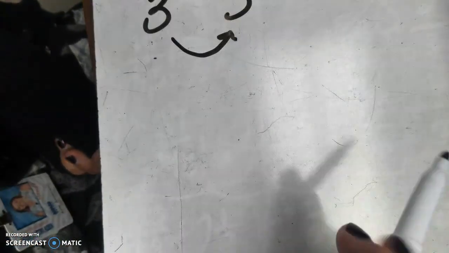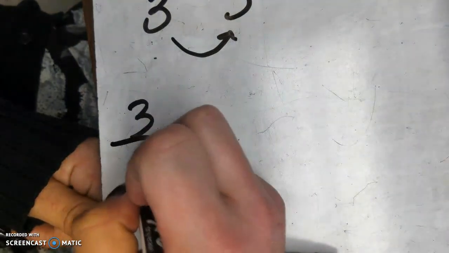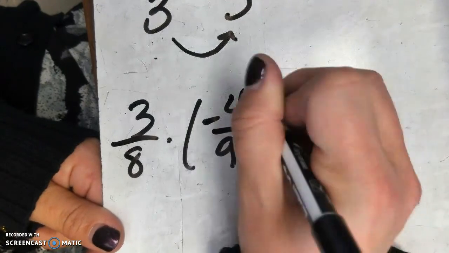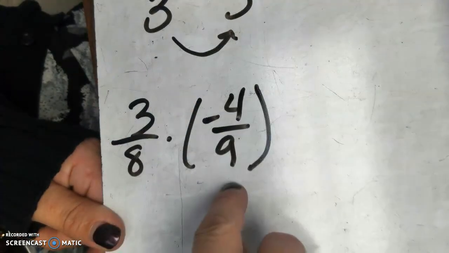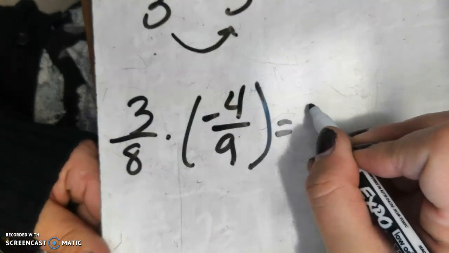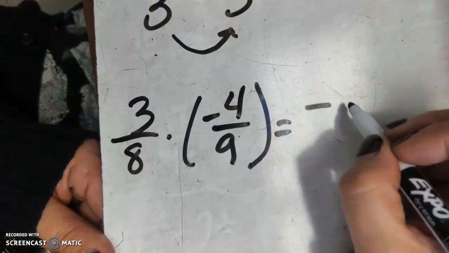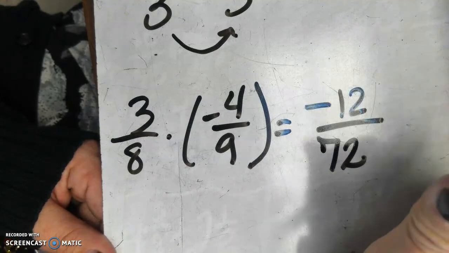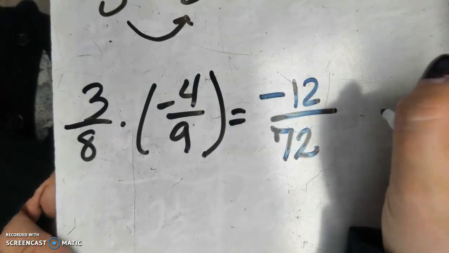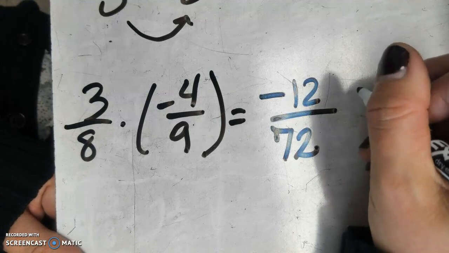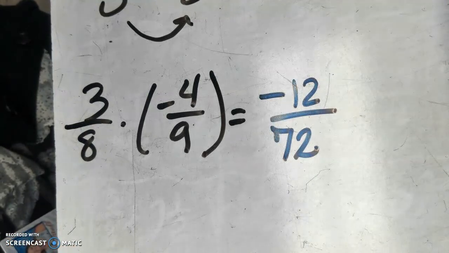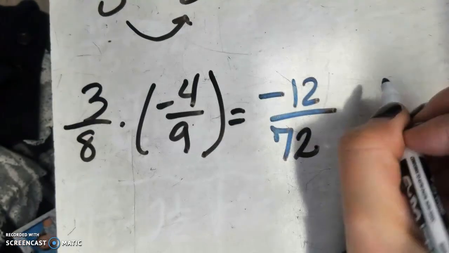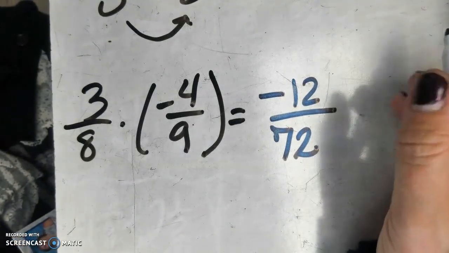All right, let's look at the next one. 3/8 times negative 4/9. Positive times negative is going to give me a negative. 3 times 4 is 12. 8 times 9 is 72. I can see right away that these are both divisible. They can both be reduced, I think, by 6, by 12.